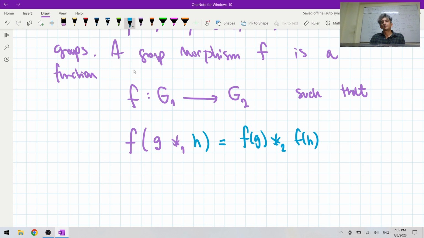Okay, this is what a group morphism from G1 to G2 is.